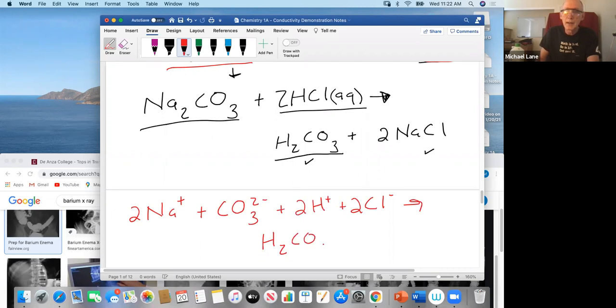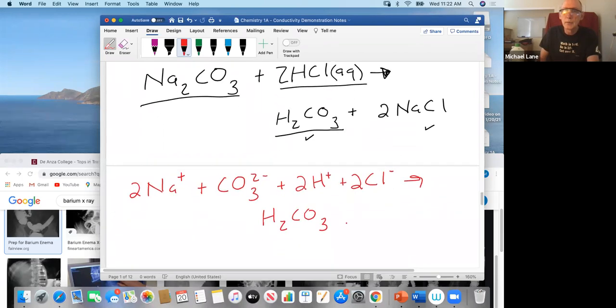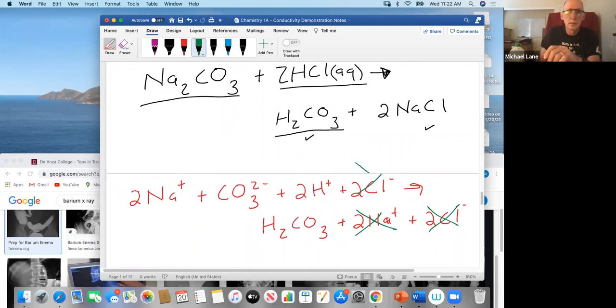It does not exist as ions because it does not dissociate, so we write it in its molecular form. So this is the total ionic equation. And since I don't want to rewrite everything, the net ionic equation is what remains.